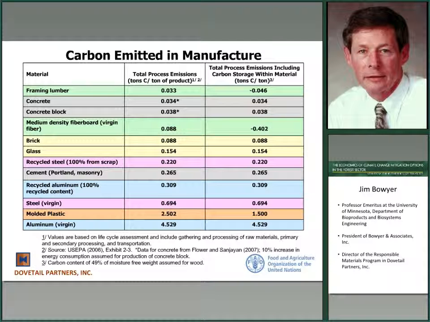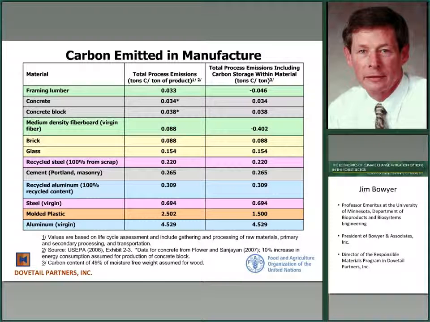So if you look down the center column, you see process emissions, framing lumber and concrete, ton per ton, about the same magnitude of emissions, almost exactly the same. And then we see greater emissions for medium density fiberboard. We go on down the list and look at the 2 pink lines, steel, first 100% recycled and then steel. Very seldom is steel made out of 100% recycled.